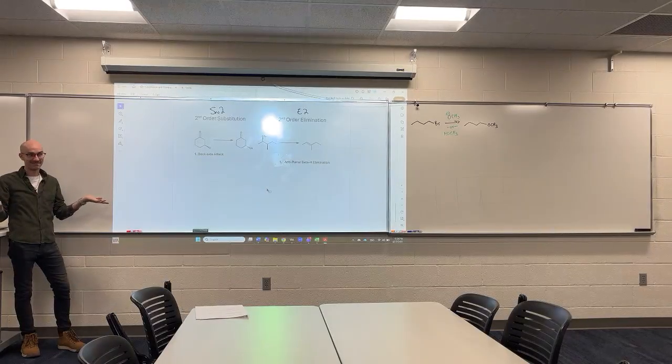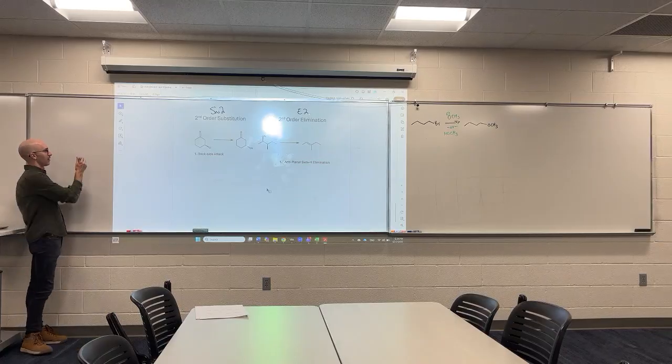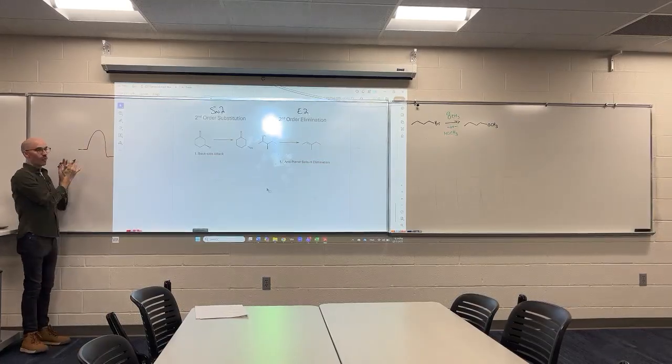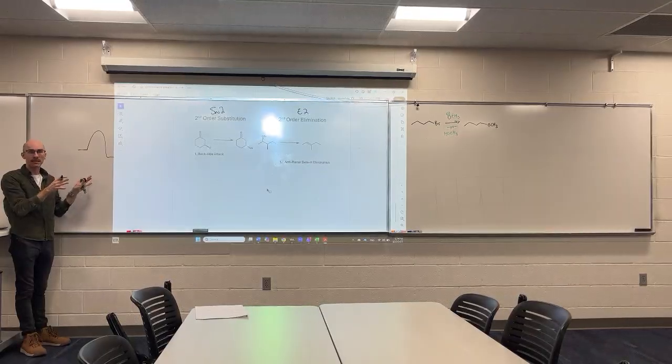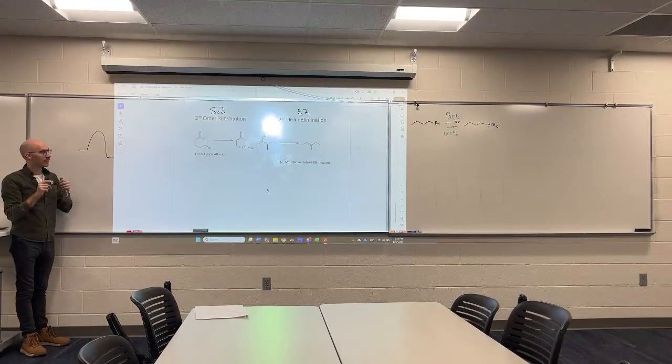Come on. These are one hump reactions. One activation barrier, one step. These are the simplest mechanisms you'll use, but they are a bit specific.